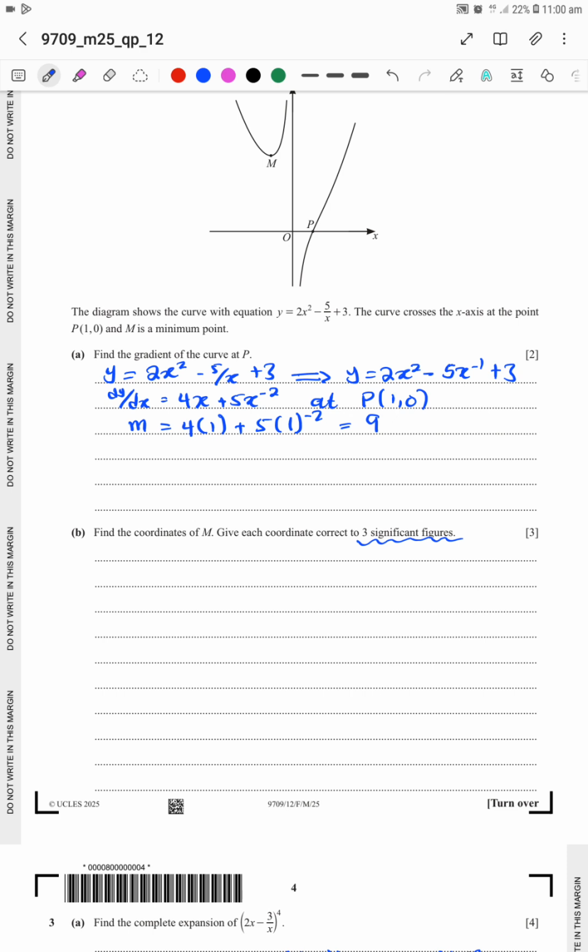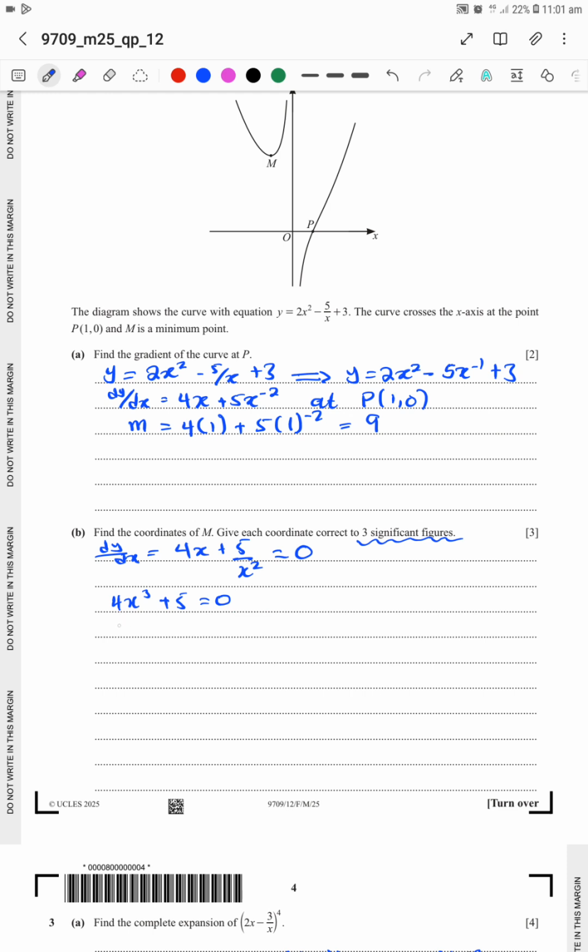Since we were told that M is the minimum point, we know that at the minimum point the derivative is equal to 0, and the derived function dy over dx is 4x plus 5 over x squared. So this is supposed to be equal to 0. From here we can find the x value by multiplying through by x squared. This gives us 4x cubed plus 5 equal to 0.